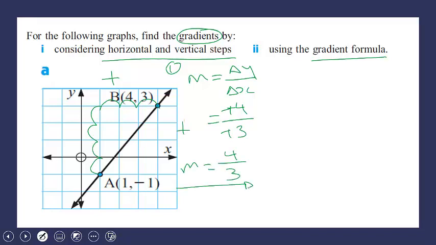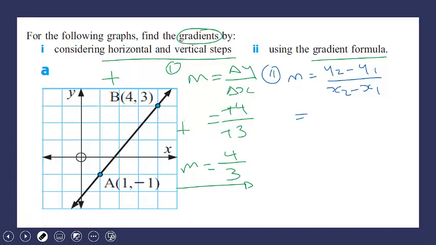That's the jumping method. Now if we're using the gradient formula, we will say m equals y2 minus y1 over x2 minus x1. You have to memorize this formula. I will not give it to you in the assignment. So that is equal to, you have got two points on the graph, right?